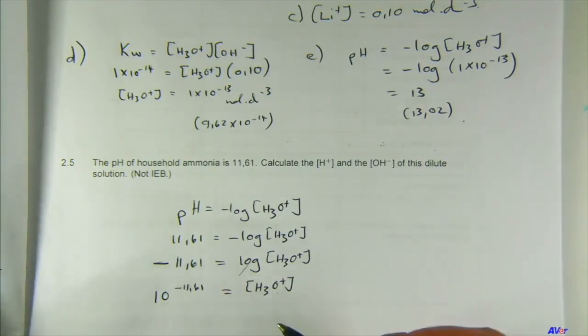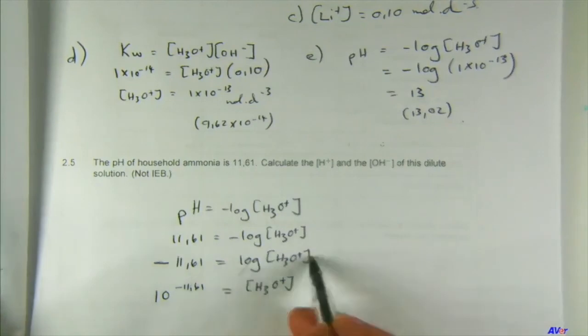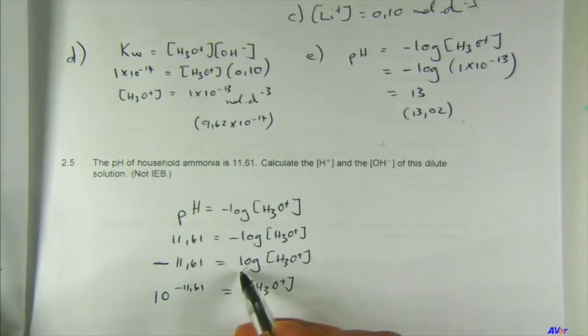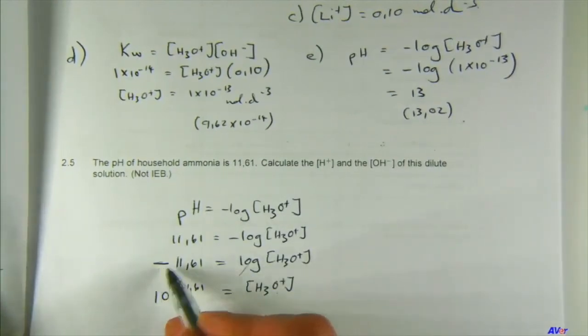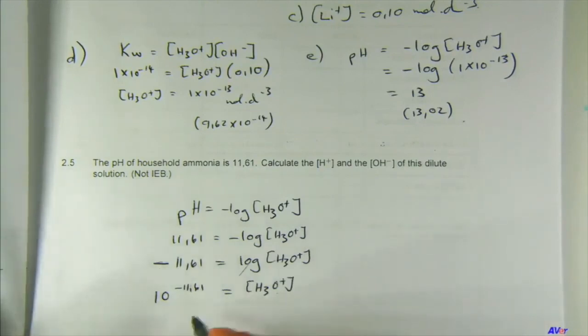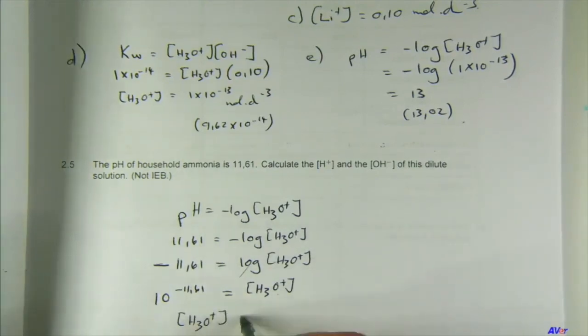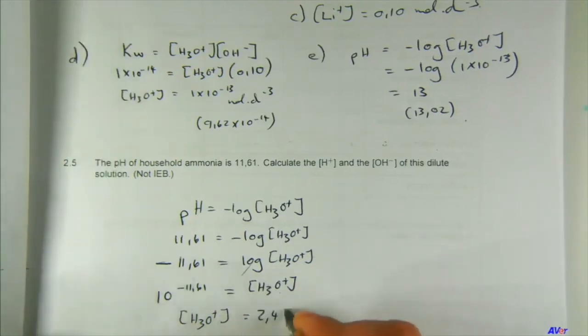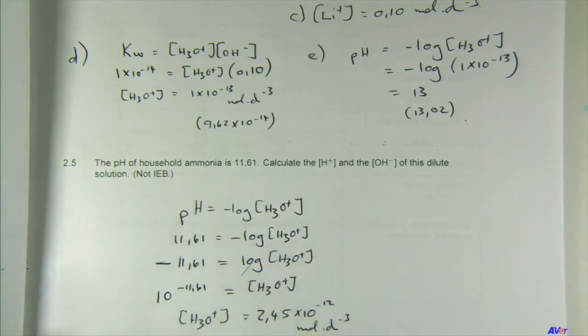Second function log, right? You want the inverse of log, second function log of minus 11.61. And then you should get your H3O plus concentration as being 2.45 times 10 to the minus 12 moles per cube decimeter.